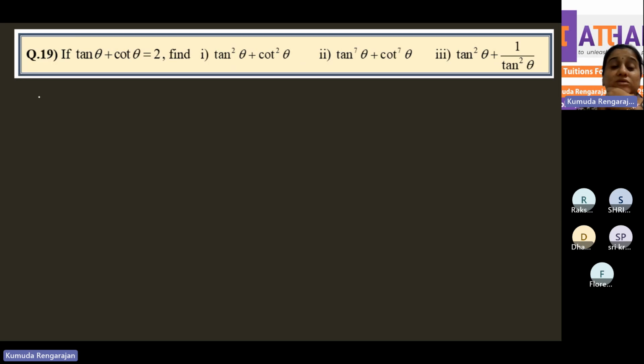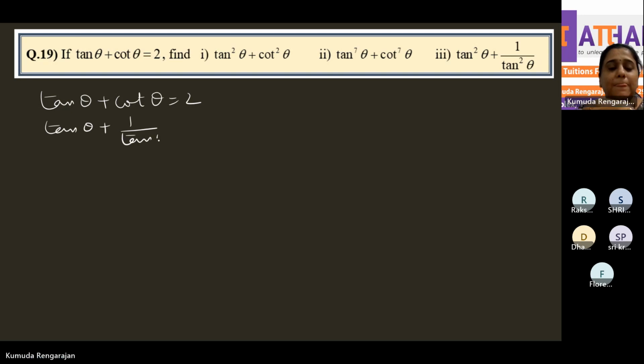Okay. Now this is very, very important. Tan theta plus cot theta is equal to 2. So write tan theta plus cot theta, I'll just start. Now help me proceed. After this, LCM.